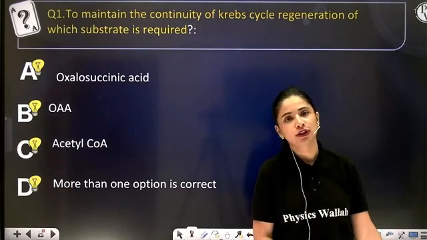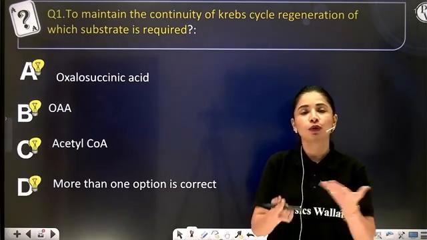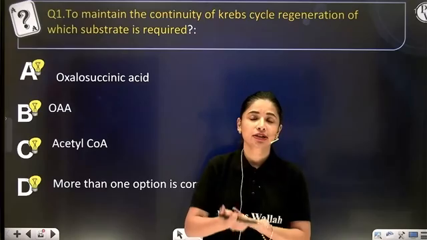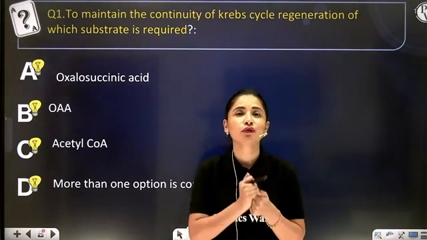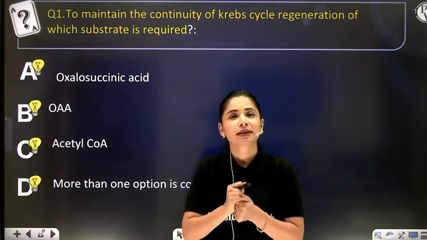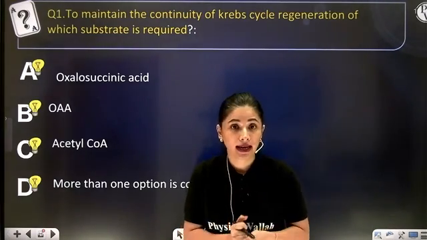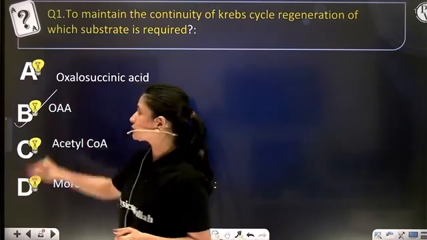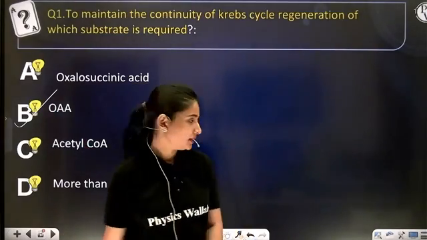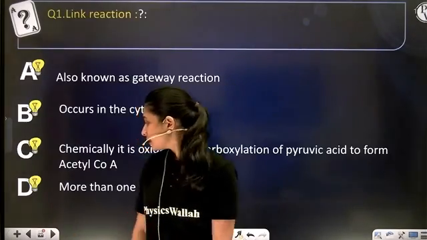Just now I told you that regeneration of OAA is must to maintain the continuity of Krebs cycle, as the primary acceptor in Krebs cycle is OAA. So the answer of this question becomes B. Yes or no? Moving ahead.